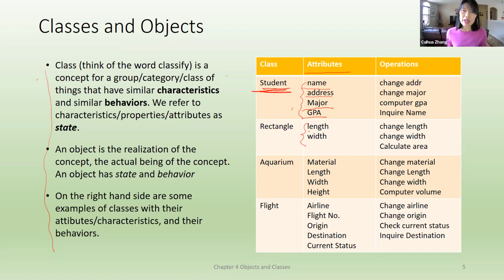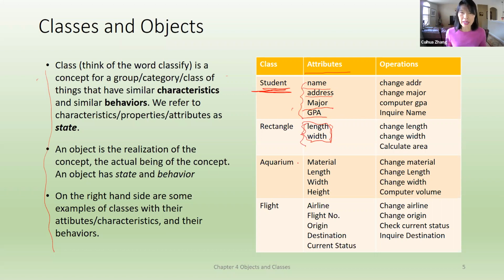But when you think about the area, think about how you calculate it. You calculate the area using length and width. So the most primitive characteristics are length and width, because area is something you can get from these two basic characteristics. So we call area a derived attribute.